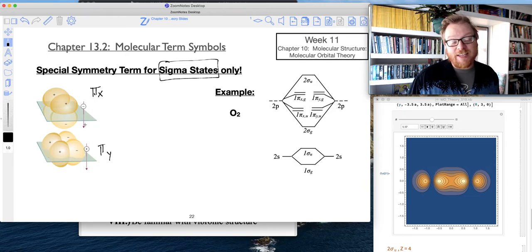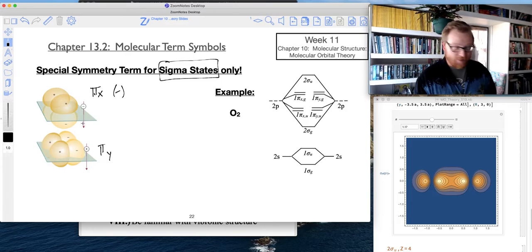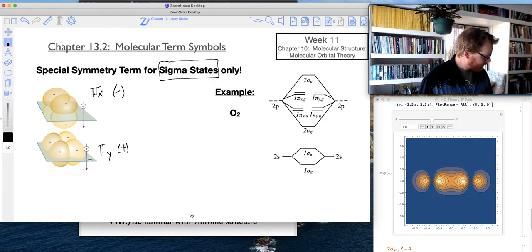We notice that in this reference frame, the pi x has this negative symmetry operation. It's changing signs. Whereas the pi y is this positive symmetry operation. It's not changing signs. Okay?